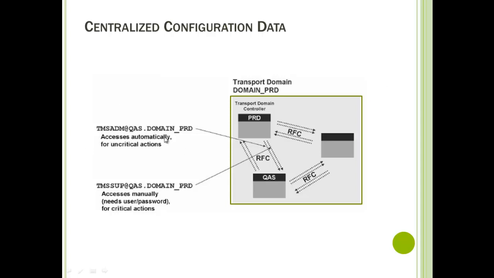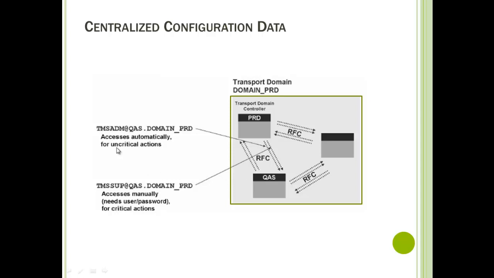So in general, when you configure the TMS, the RFC connection is created by the SAP system. The user which will be used for this RFC connection is TMSADM. The TMSADM user will be created automatically, and it has very limited authorization to transfer the configuration only.